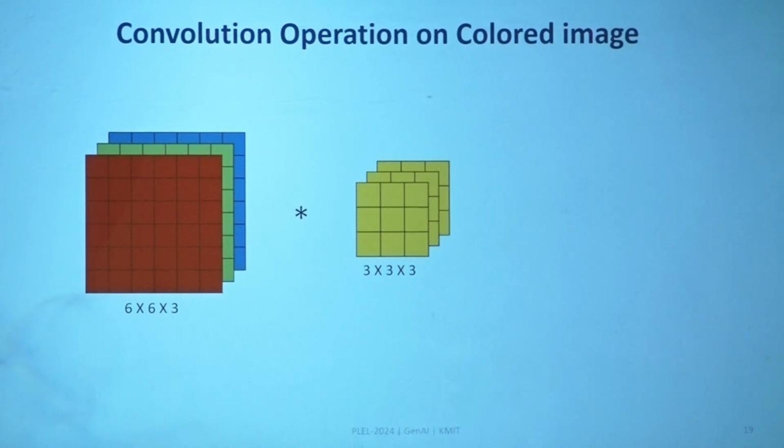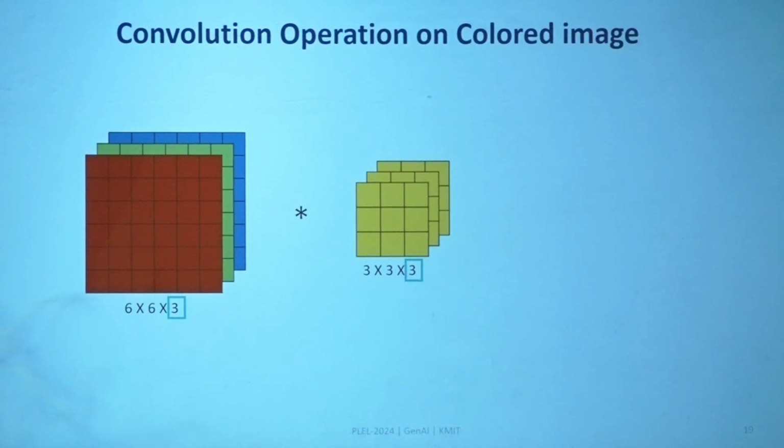That is why we mention 3 by 3 by 3. These 3 and 3 are matching together. This is nothing but the channel representation of colored images. So it is a color image convolved with a 3 by 3 filter.